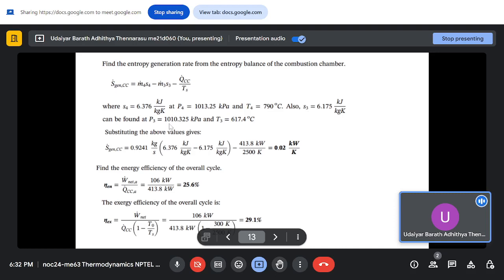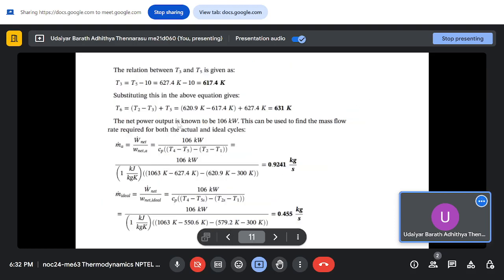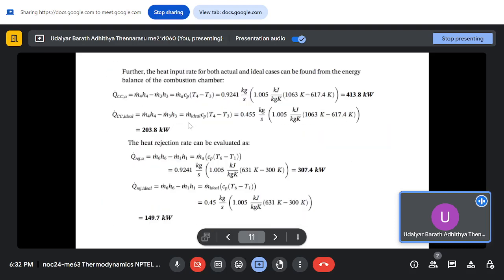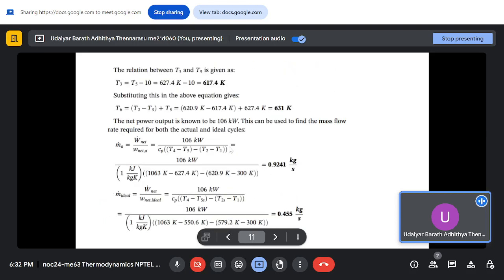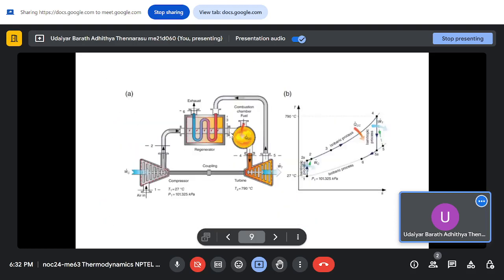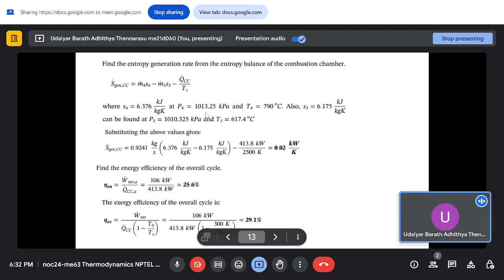Similarly, for state 3, the pressure is 101.325 into 10, so again 1013.25 kilopascal and temperature of 617.4 degrees Celsius. For that, the corresponding entropy is 6.175.